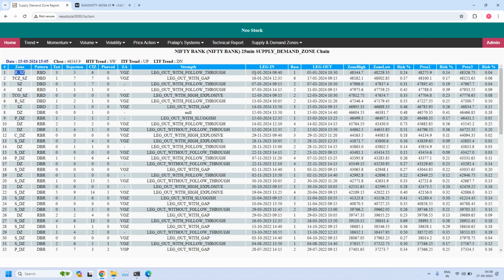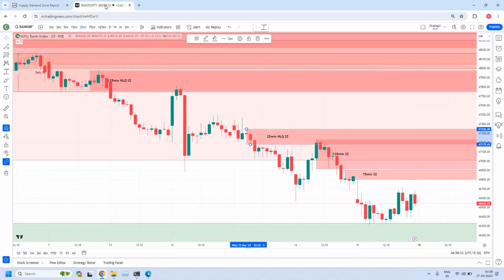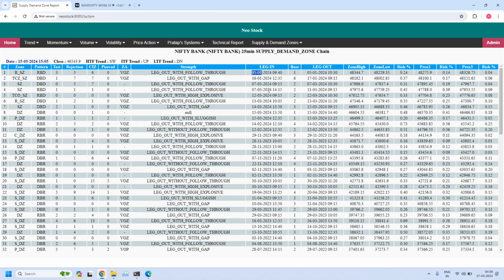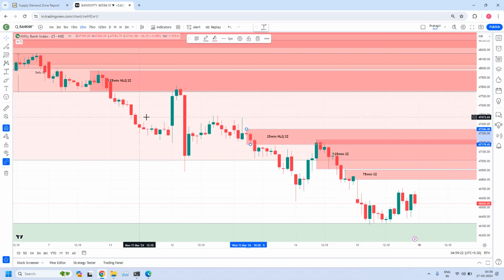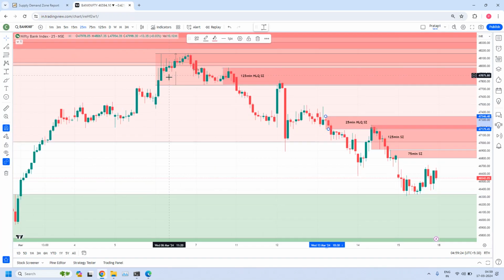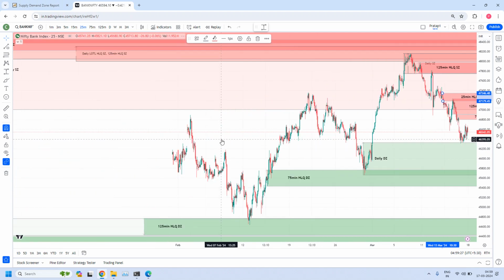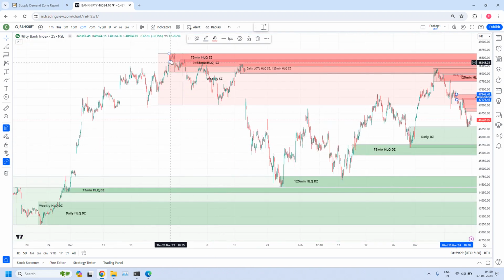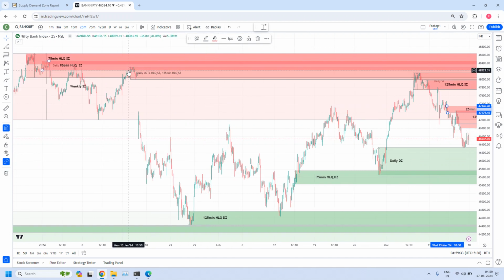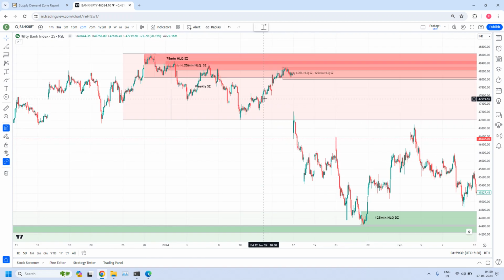And it was created on the 5th January 9:40 candle. After that, one base candle. So where is 5th January? 4th January, so somewhere here.